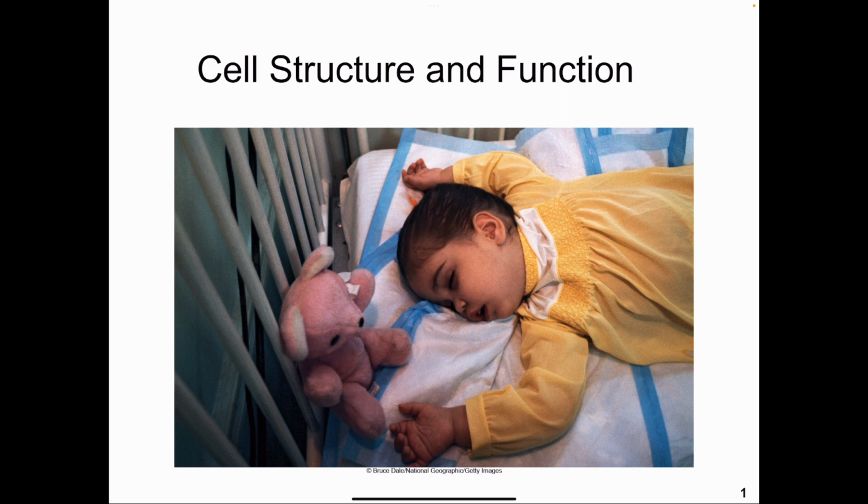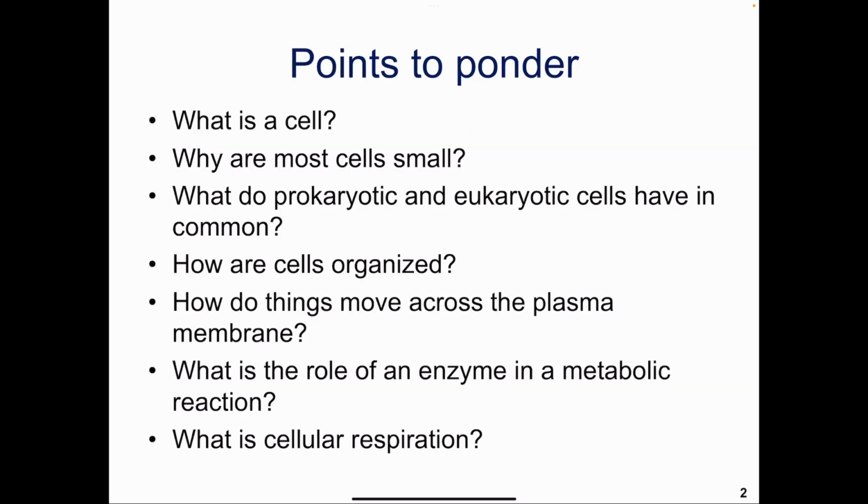As we dive into the chapter, I want you to think about a number of questions. The first one is, what is a cell? The next one is, why are most cells small? The third question is, what are the different kinds of cells that are found as we consider living organisms?